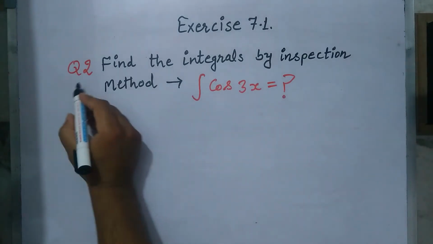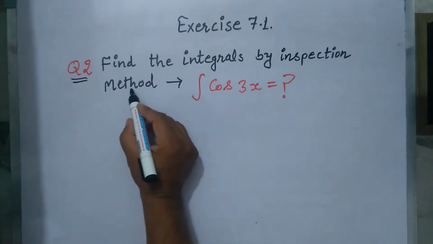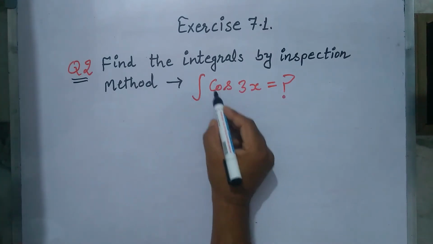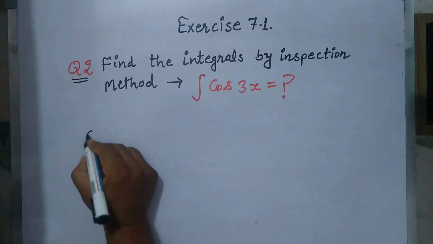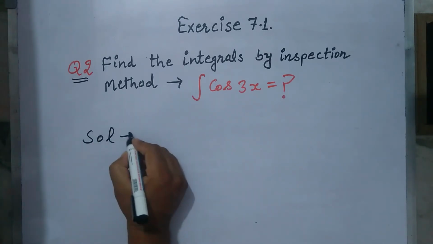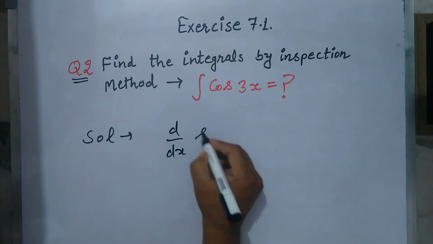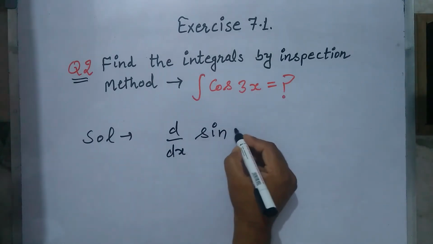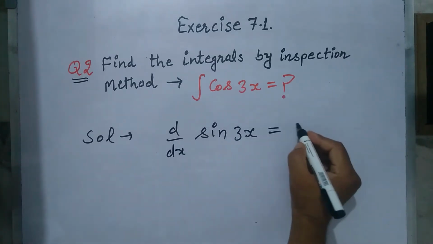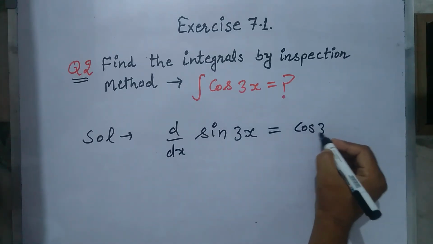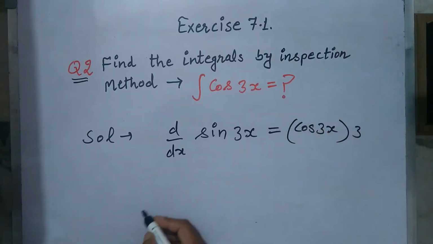Our next question number 2, find the integrals by inspection method. Question is integral of cos of 3x. So again we know that derivative of sine of 3x is equal to cos 3x into 3.